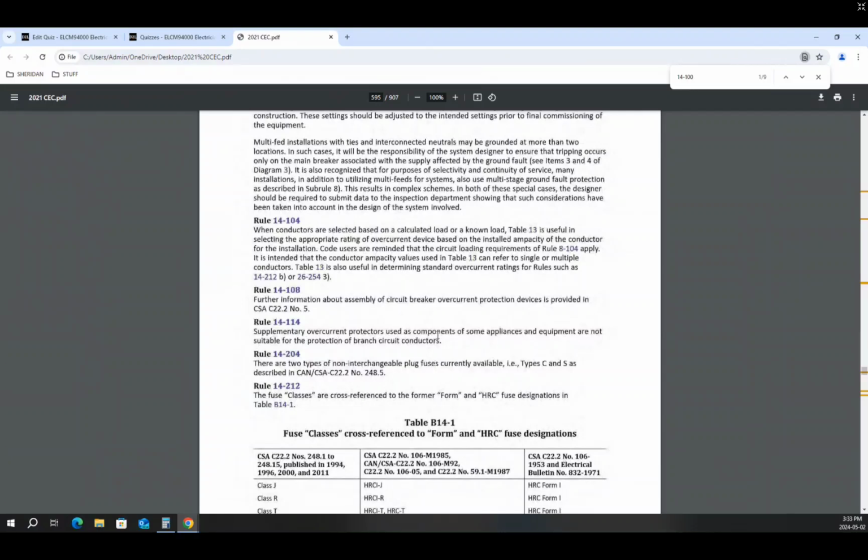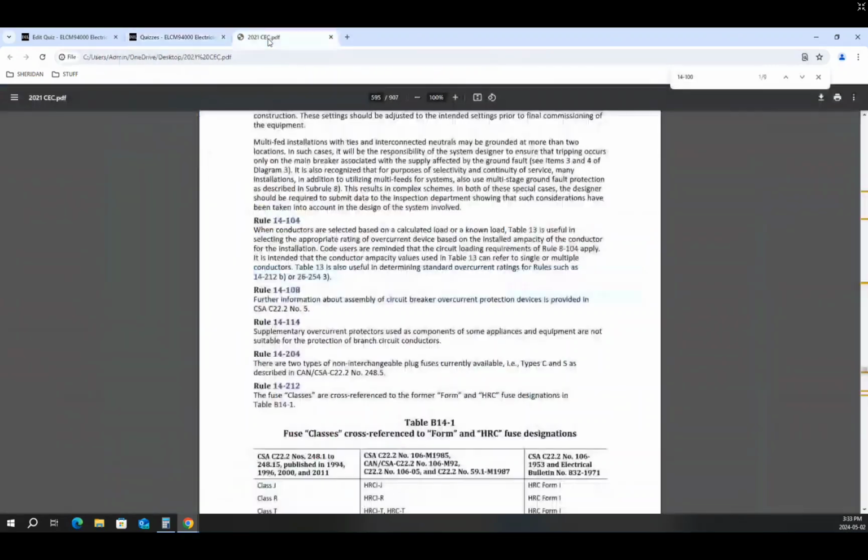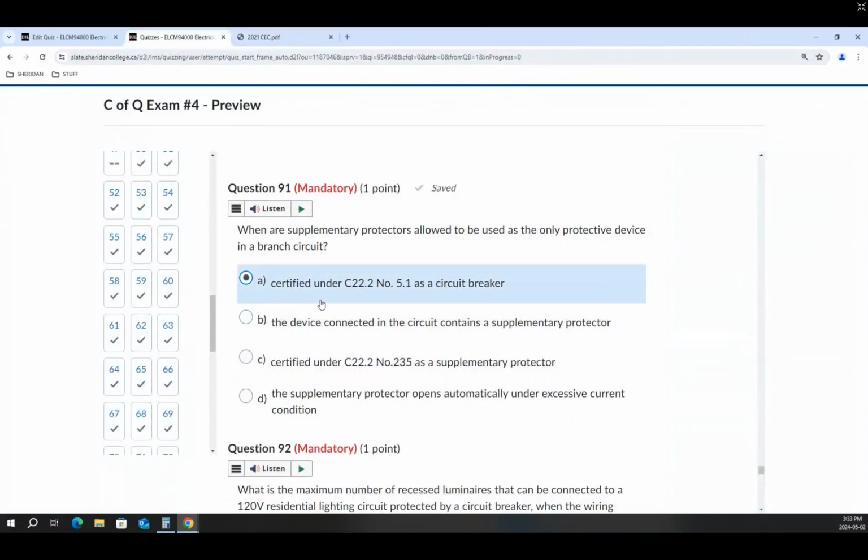Branch circuits. That's not helping me much. Well, it can't be anything with supplementary, can't be right. So in fact, all three of these have supplementary. So that means I'm going to go with this one, because here it says supplementary overcurrent protectors used as components of some appliance equipment are not suitable for protection of branch circuit conductors. So there we go.